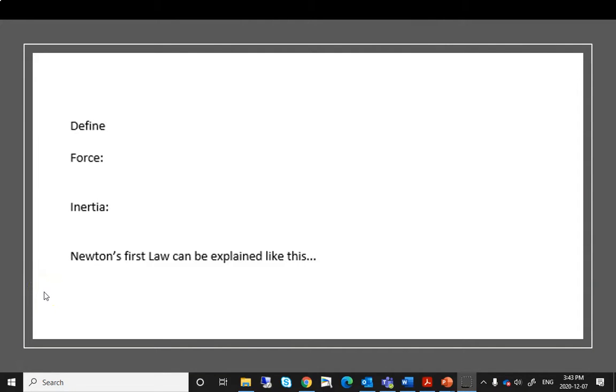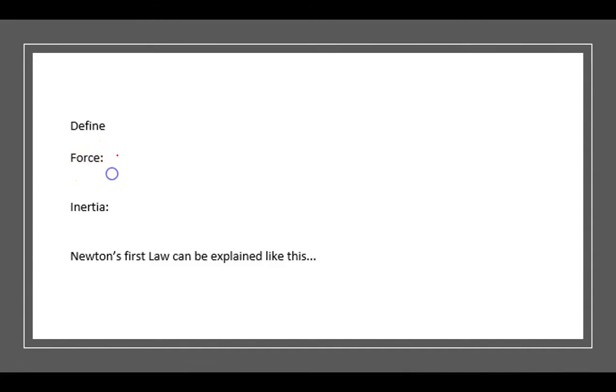Now, the first thing we're going to do here is a couple of quick definitions. First of all, force, which is simply a push or pull acting on an object. So that could be anything that's causing it to move one way or another.